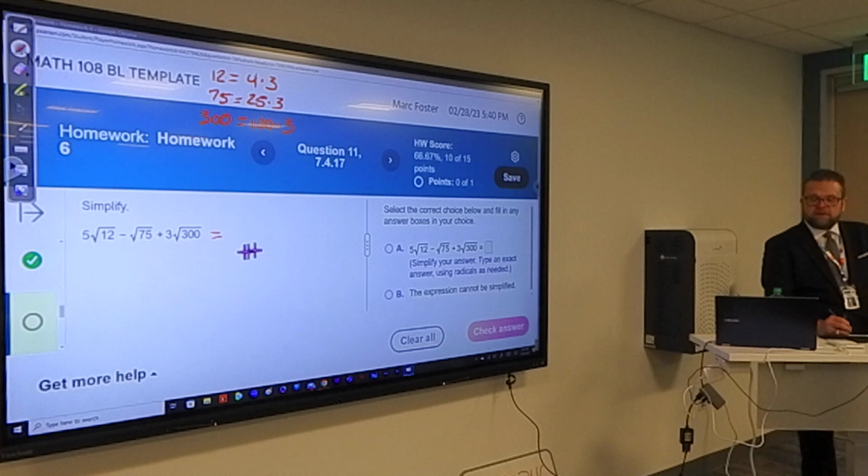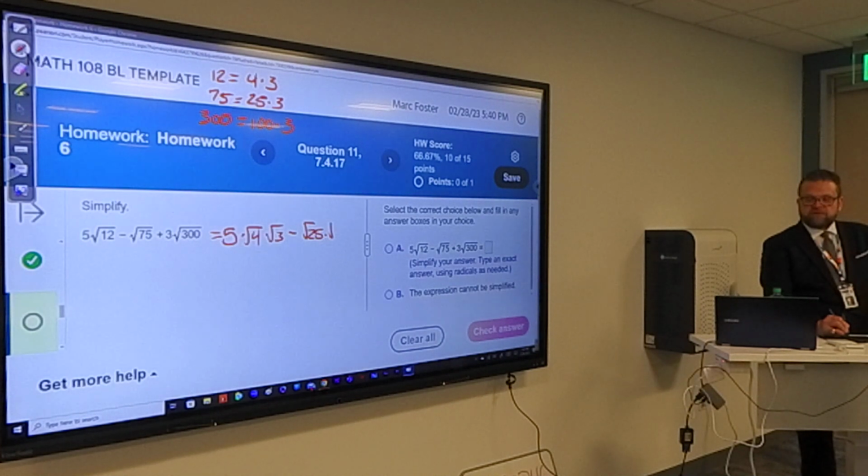So this will become 5 times the square root of 4 times the square root of 3 minus the square root of 25 times the square root of 3 plus 3 times the square root of 100 times the square root of 3.